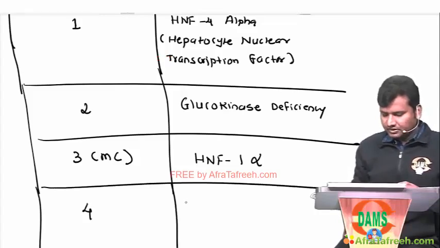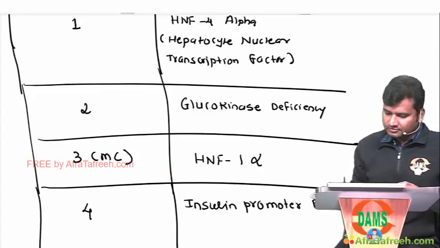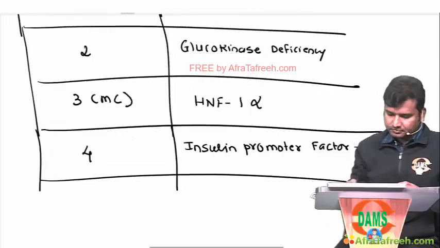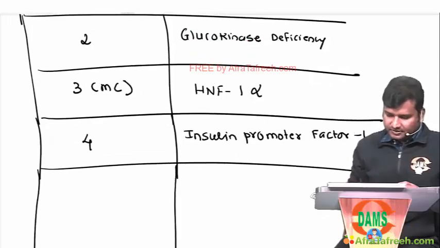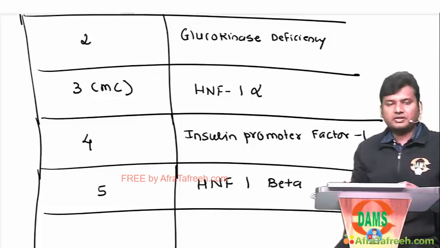Then type 4, insulin promoter factor 1. Fifth one, HNF1 beta.